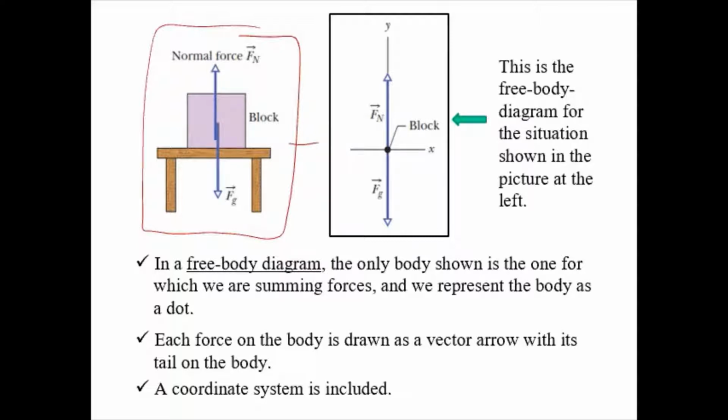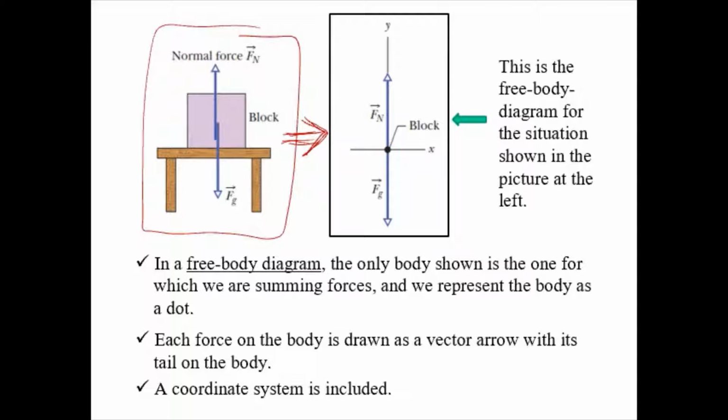And so we usually simplify. After we draw our sketch, you draw a simpler diagram where, whatever the object is, whether it's a block, a car, a bicycle, a toy, you indicate it as a bold dot at the middle of your coordinate system. And that becomes the body that you're interested in.